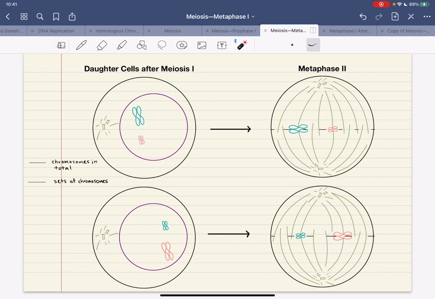Now, let's tally the total number of chromosomes in each cell and also the number of chromosome sets in each cell. Starting with the total number of chromosomes, just looking at one cell. How many do we have? Well, we have 1, 2.